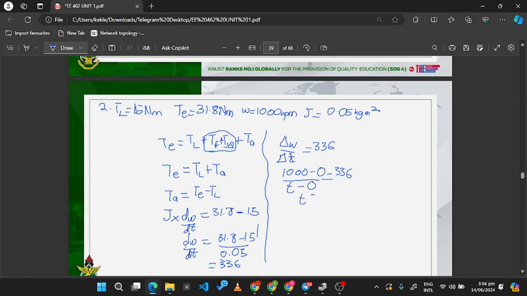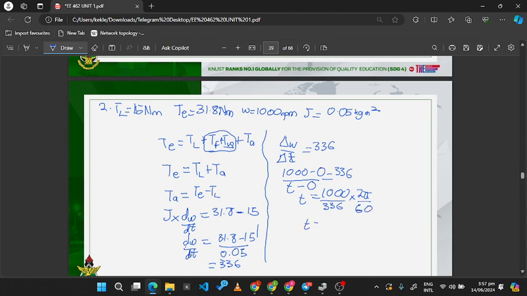So T would be equal to 1000 over 336. But the 1000 we have been given here is in rpm, and for this equation to hold, the speed should be in radians per second. So to convert rpm to radians per second, we multiply by 2 pi over 60.